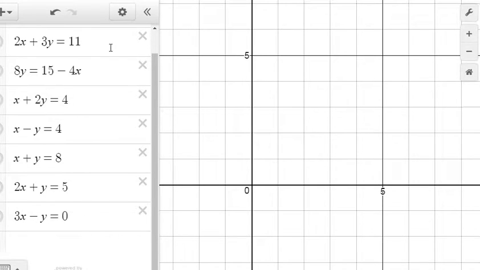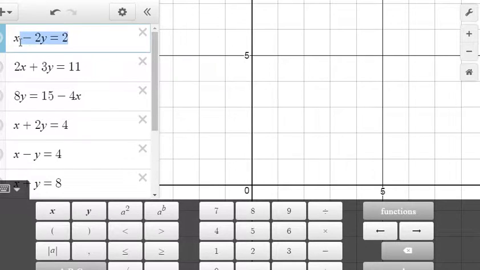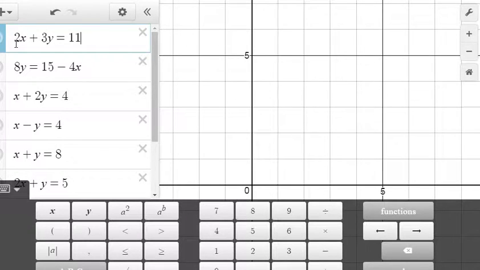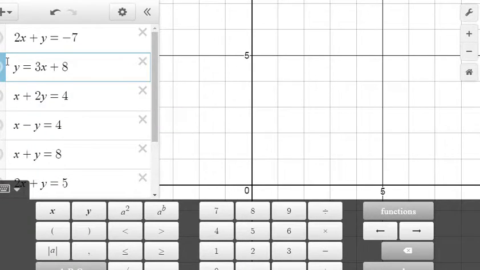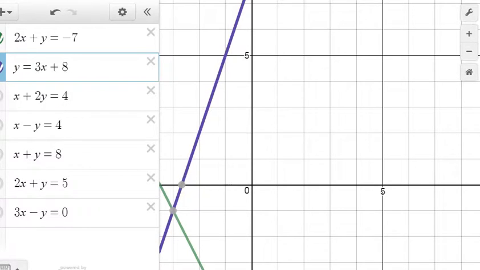So let me just grab this one and redo that one. That'll be 2x plus y equals negative 7, and y equals 3x plus 8. Now let's actually graph a couple things here.